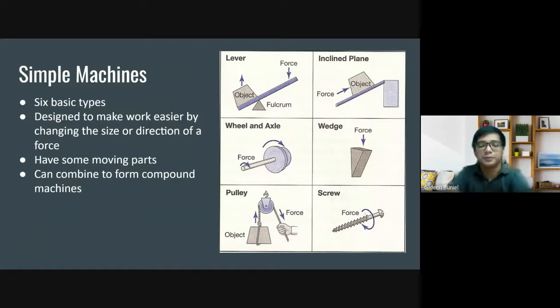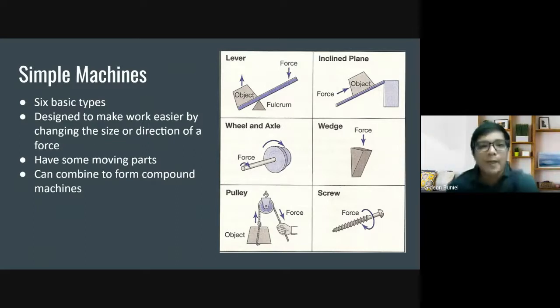Now the screw. The screw is one of the most efficient because we use this to tighten up our objects. Our laptops have screws on them to make them fixed and not movable and not easily damaged, because if you just use adhesives, you're not sure that it will last long.